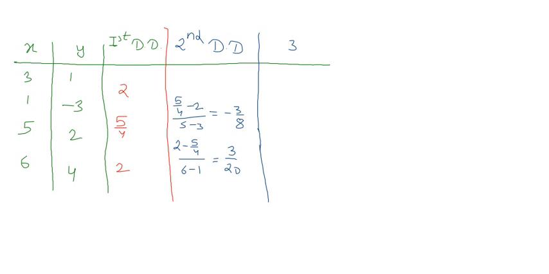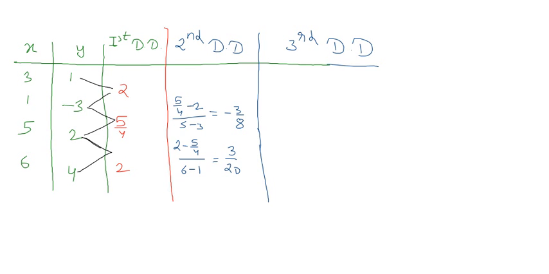So for the third divided difference now, if I wish to link all the things here, to get the first divided difference I used these values for getting 2, and this value for 5 by 4, and so on.